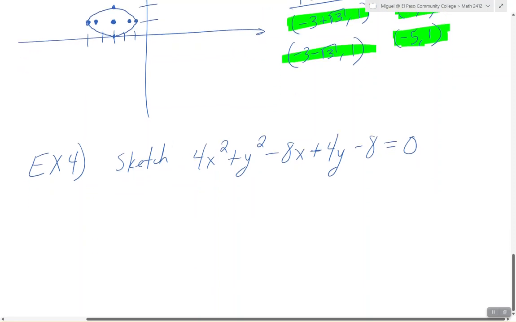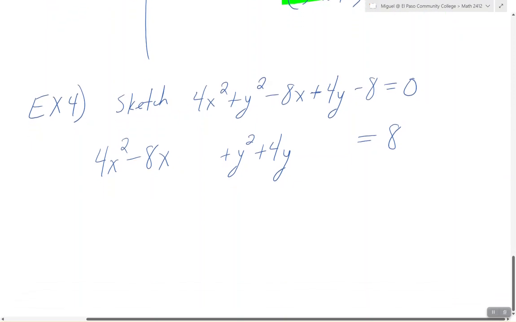Okay? So remember, we're going to group the x terms together. Leave a space for when you decide to complete the square. Y terms together. Leave a space. Constants on the other side. So minus 8 becomes plus 8 on the right side.